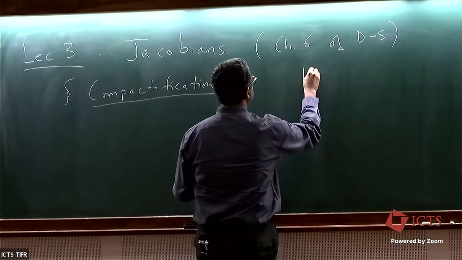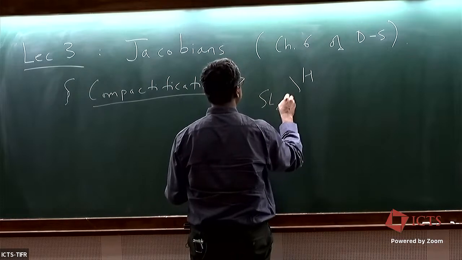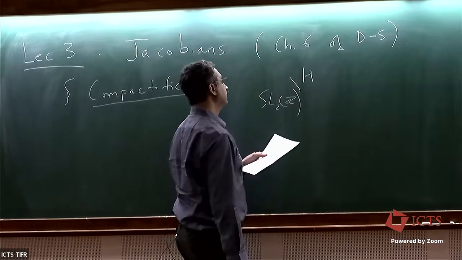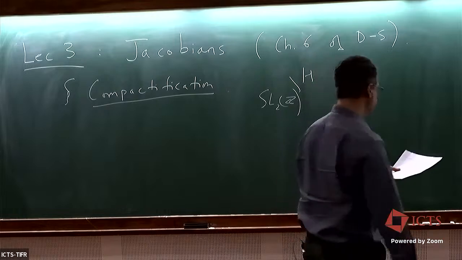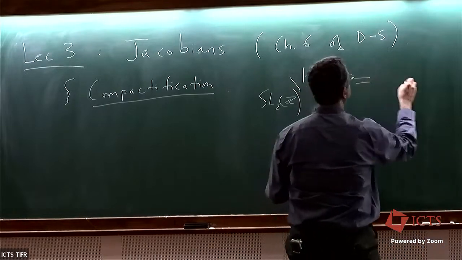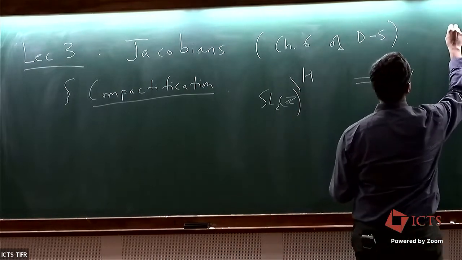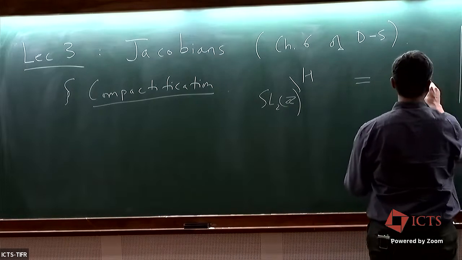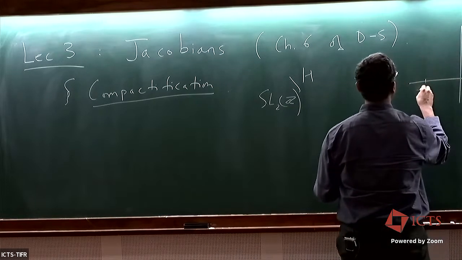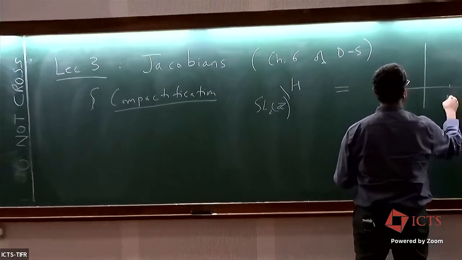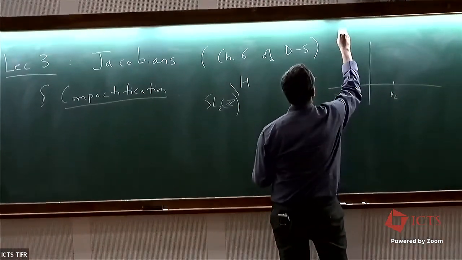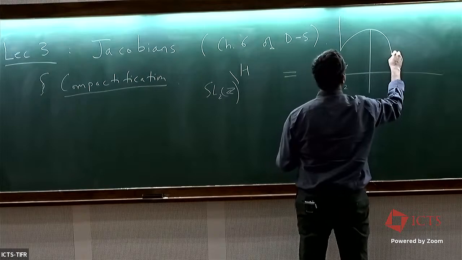Okay, so let's go back to the simplest modular curve ever, the first one, H mod SL2Z. I wanted to draw this picture because everybody knows it, but it's good to draw once. There's a fundamental domain for H mod SL2Z, which is very well known, like this.